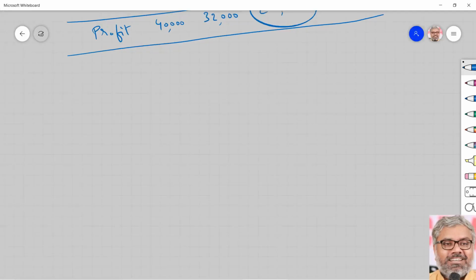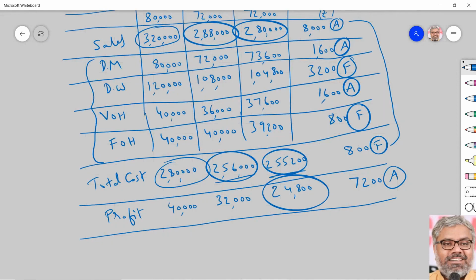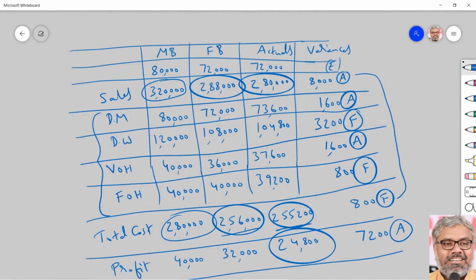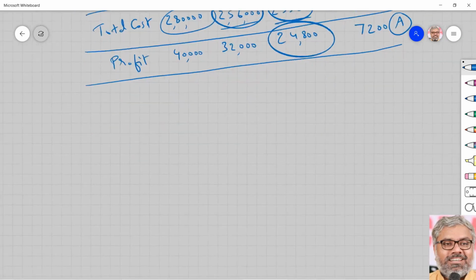See, material variance we don't have to calculate once again. What is material variance? Standard cost of materials required for actual production minus actual material cost incurred. We already calculated. So direct material variance is 1,600 adverse.